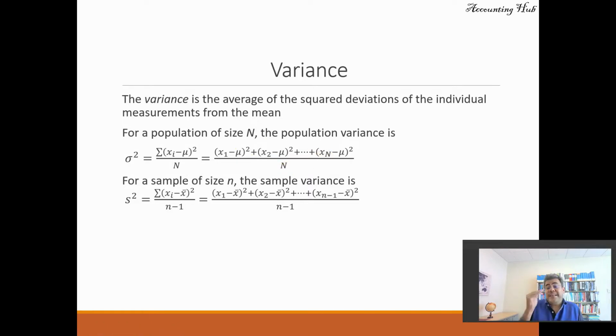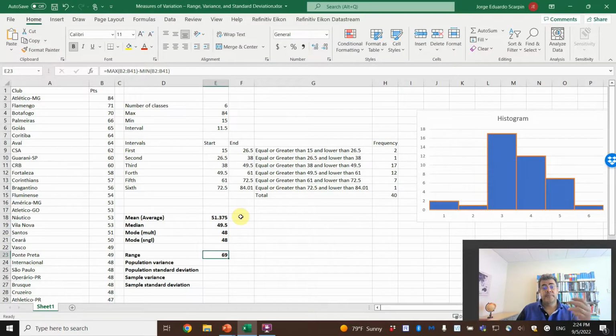If we are working with a sample, not the entire population, then it is the same, but divided by n minus 1. It's a very long formula, a lot of work, but on Excel, we have it.